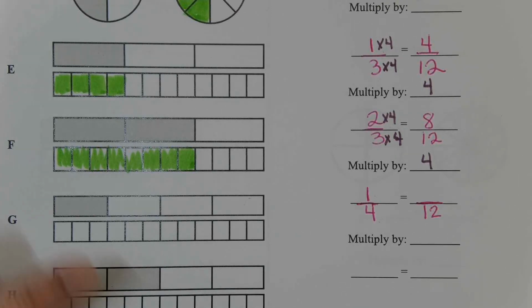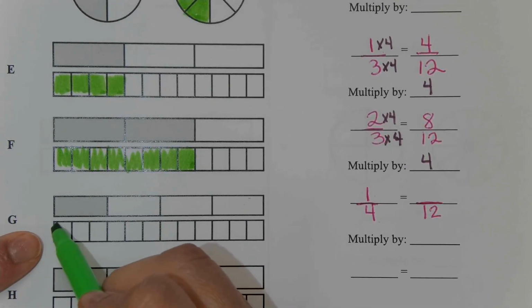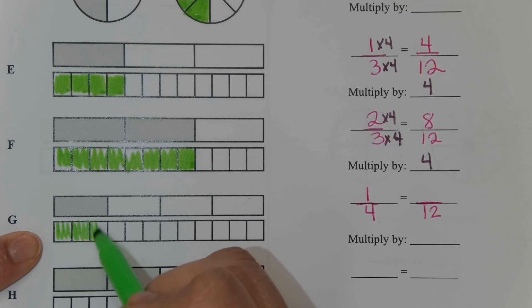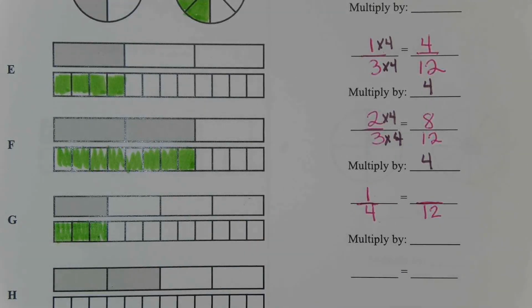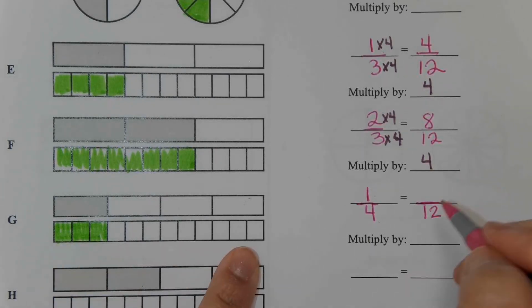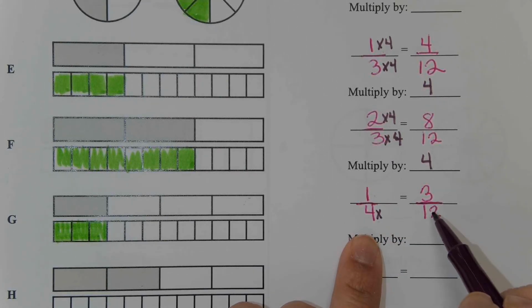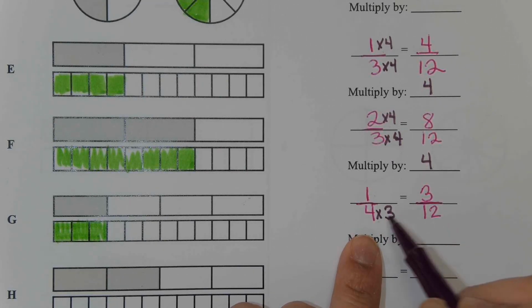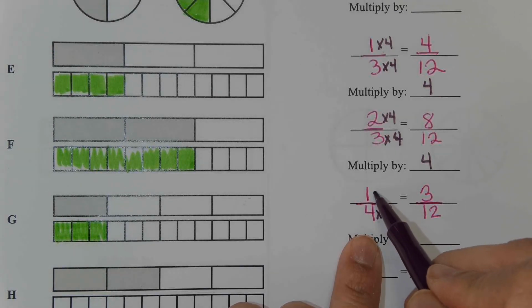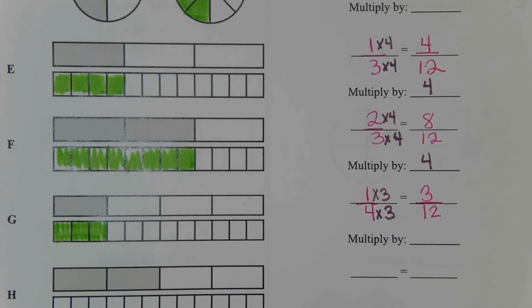Well, we have 1, 2, 3. 3 out of 12. I can show that mathematically by 4 times what equals 12? Well, 4 times 3 equals 12. 1 times 3 equals 3. So I had to multiply my numerator and my denominator by 3.